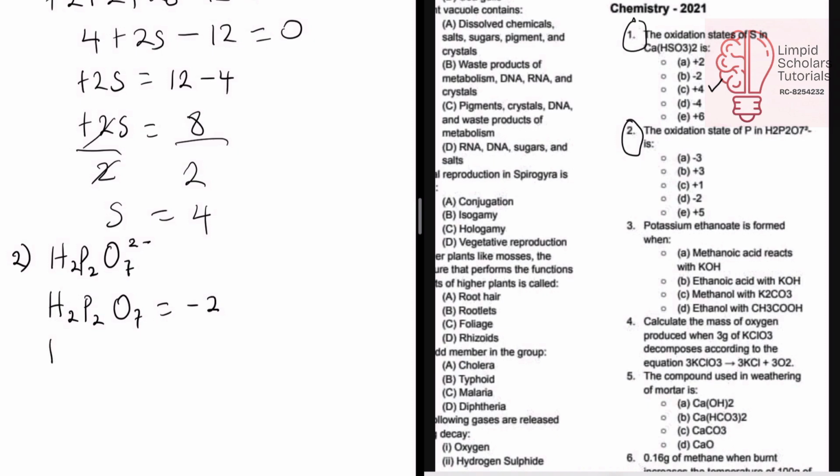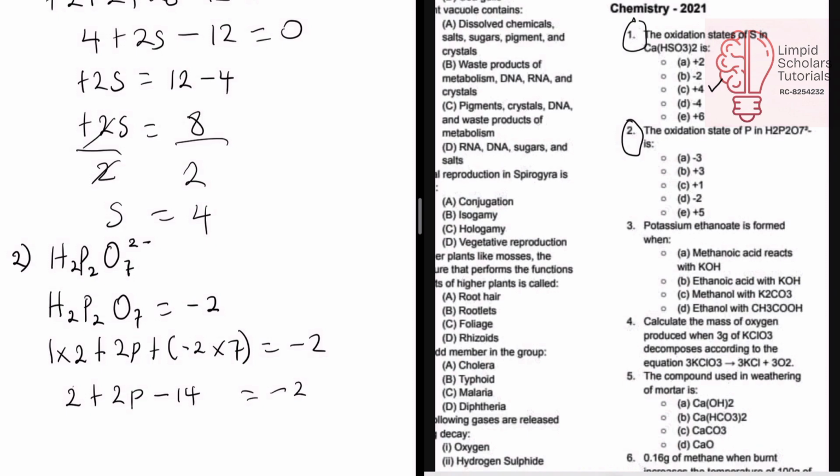So 1 times 2, plus 2P, plus, remember, the oxidation state of oxygen is -2, so -2 times 7, equals -2. 1 times 2 is 2, plus 2P, plus 7 times 2 is 14, minus 14, is equal to -2.